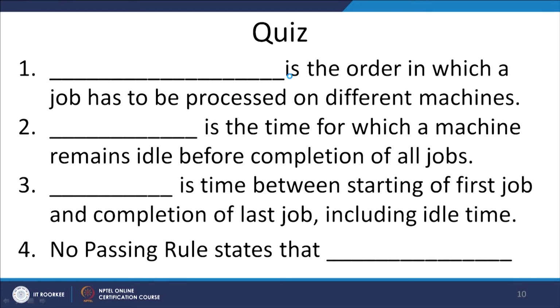So, next we come to the quiz which is based on this topic. So, I will be giving you some time to write the answers to the quiz. Question number 1 is, dash is the order in which a job has to be processed on different machines.